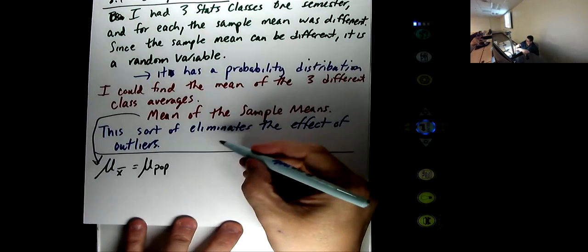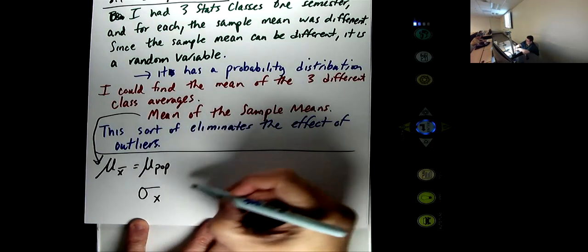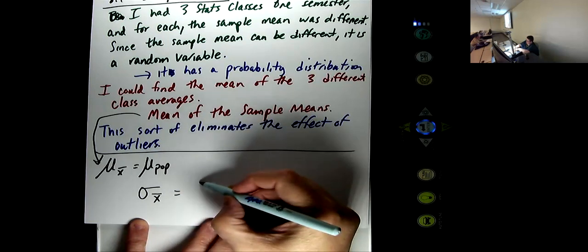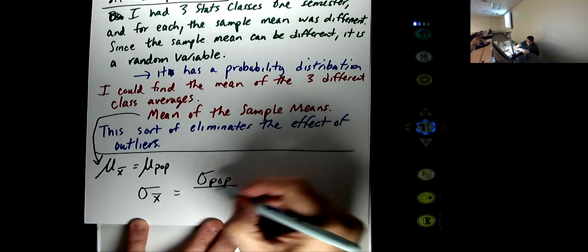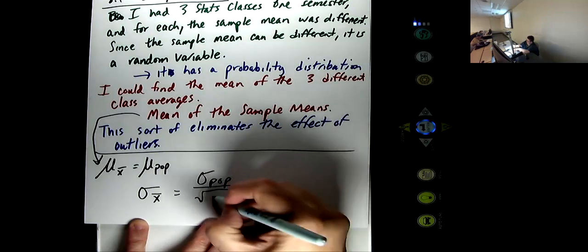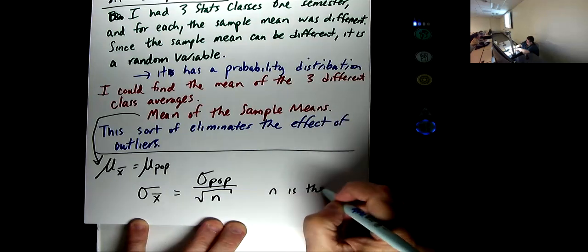What changes, the one that's different, is the standard deviation. The standard deviation of the sample means should be the standard deviation of the population divided by the square root of n, where n is the number of sample groups.